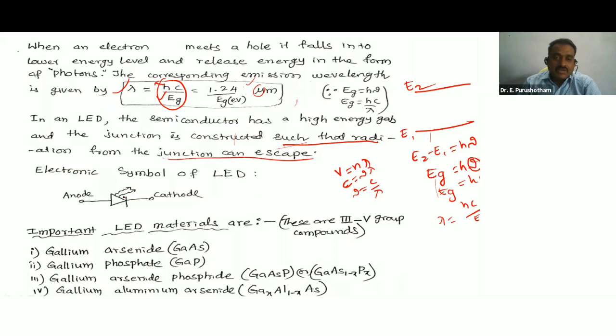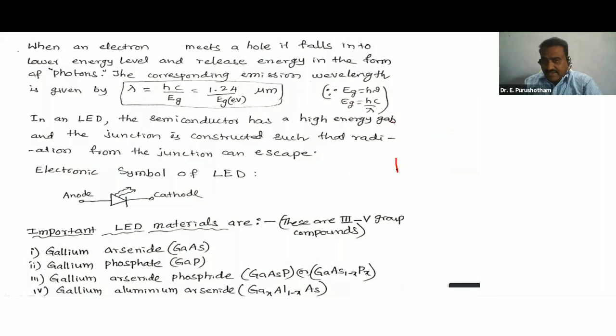So this is the symbol of light emitting diode. Clearly you observe. So what is this figure? This is a normal diode. This is anode. This is cathode. So this normal diode we can construct as a light emitting diode. Simply the light is emitting.